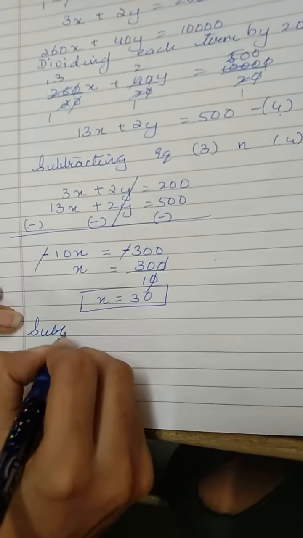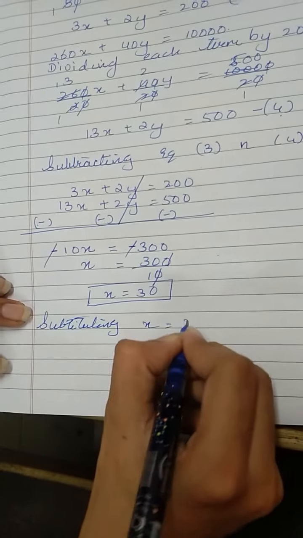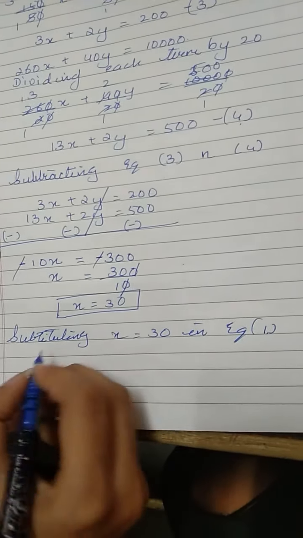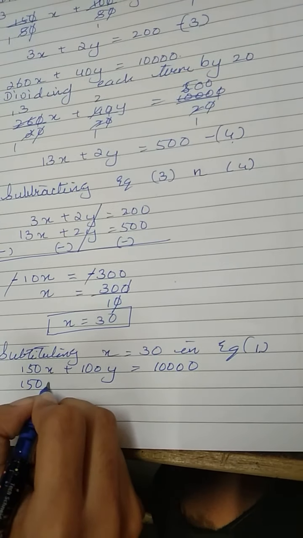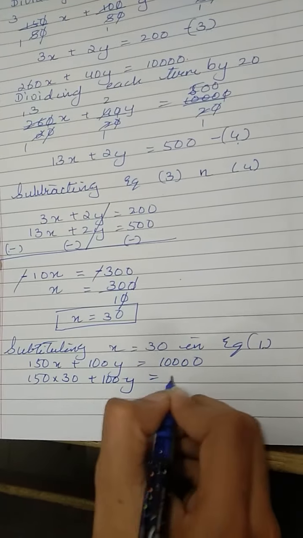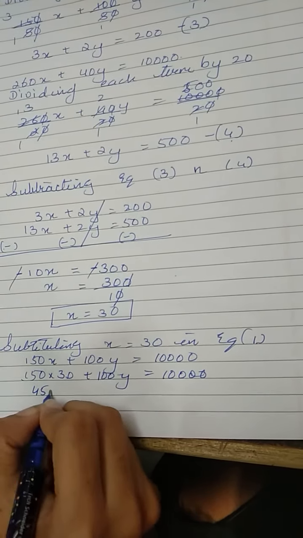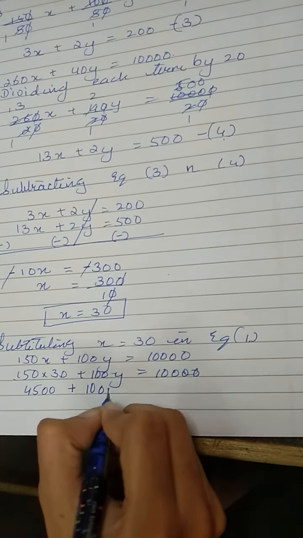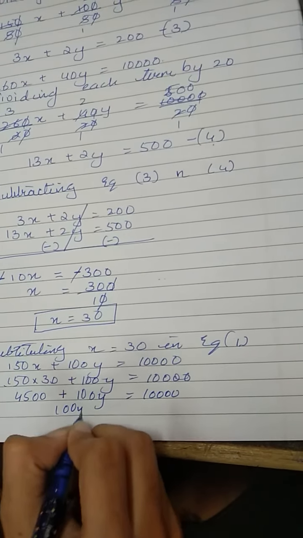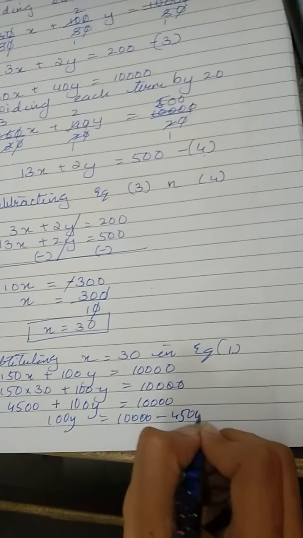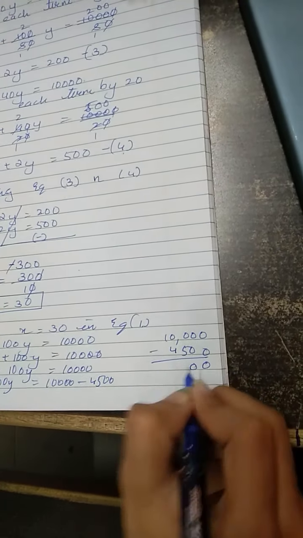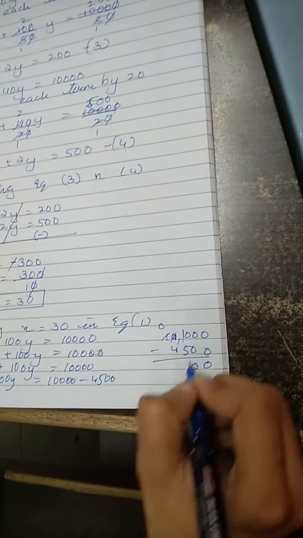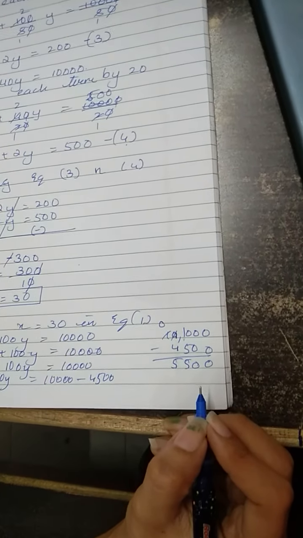Now substituting x is equal to 30 in equation 1, that is 150x plus 100y is equal to 10,000. 150 into 30 plus 100y is equal to 10,000. 15 3s are 45, so 4,500 plus 100y is equal to 10,000. 100y is equal to 10,000 minus 4,500, that is equal to 5,500.